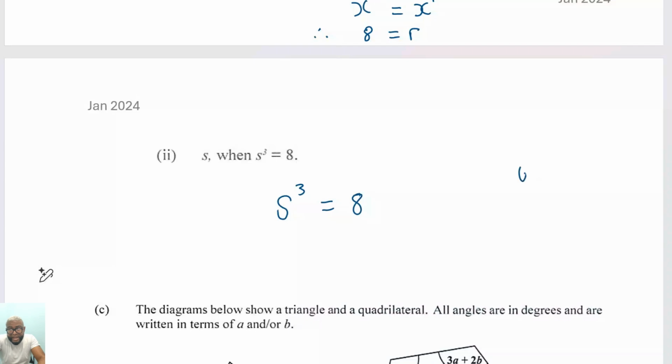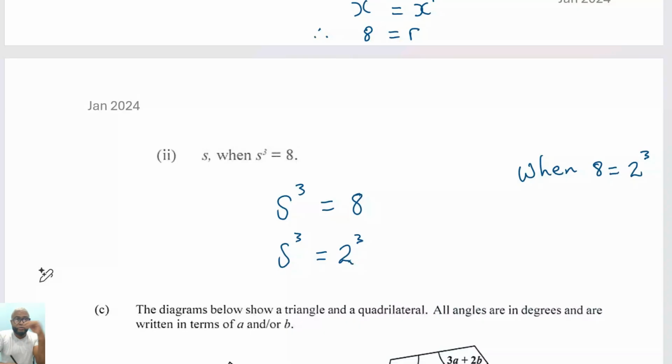In the bracket here, I could put that 8 is actually 2 to the power of 3. You all seen that? So s to the power of 3 is equal to 2 to the power of 3. 2 twos are 4, 4 twos are 8.